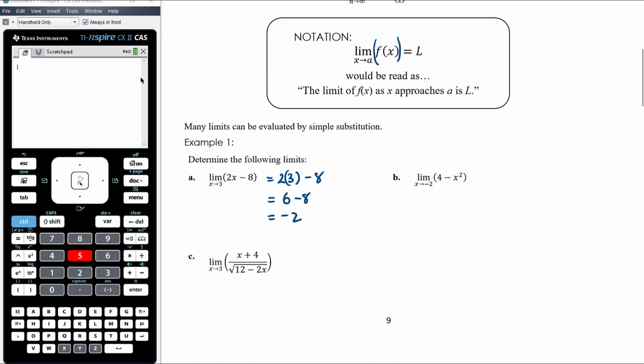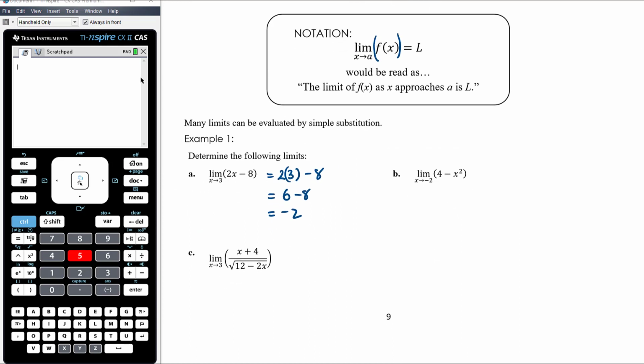All right, part B. Again, we can evaluate that when x equals negative 2, and so the limit of this quadratic function as x approaches negative 2 will simply be the value of the quadratic when x equals negative 2. So it's going to be 4 minus negative 2 squared, so it's 4 minus 4, which is 0.